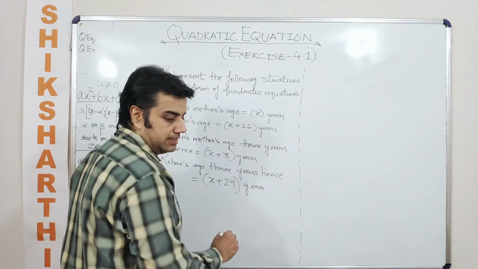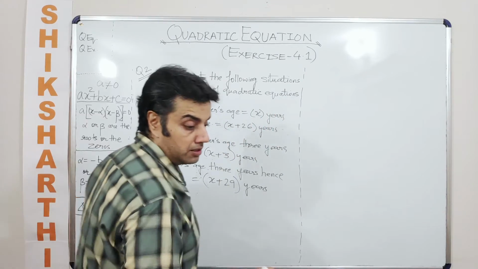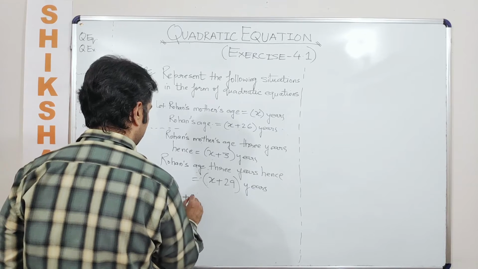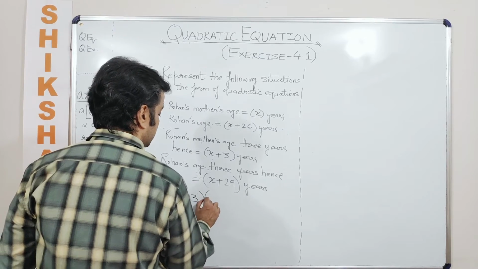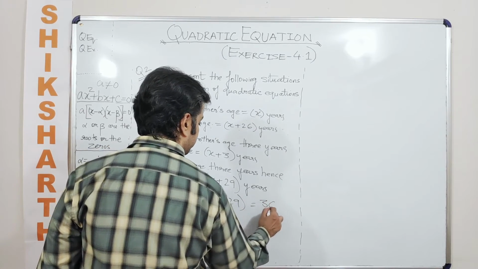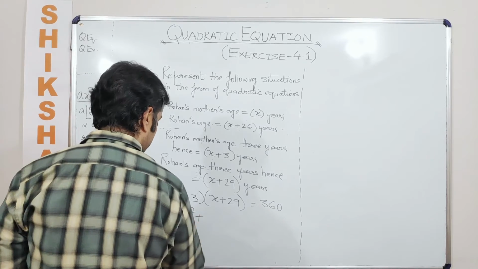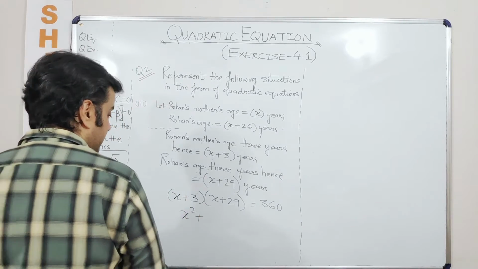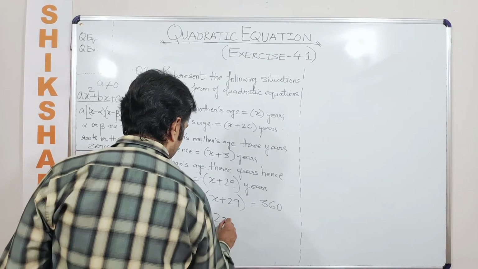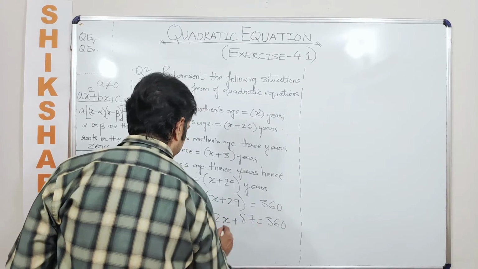And finally it says, which is years, and the product of their age is 360. Now the product of their ages is just like saying x plus 3 into x plus 29 should be equal to 360. So when I solve this, x square plus 29x plus 3x makes it 32x plus 3 into 29, which is 87, is equal to 360.